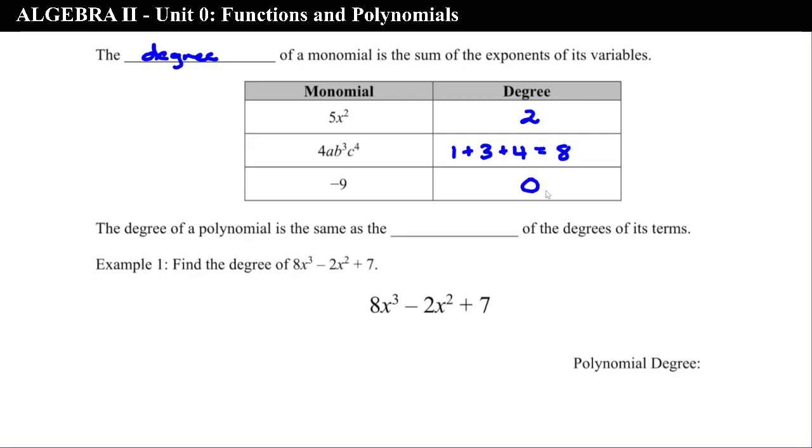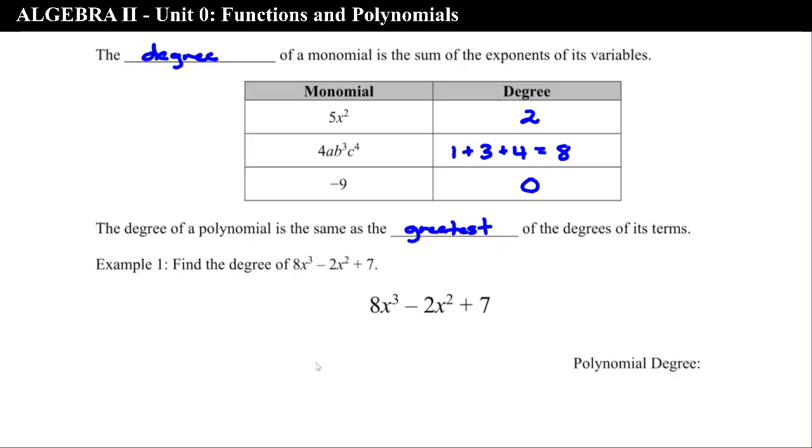Now, those are the degrees of monomials. If we wanted to find the degree of a polynomial, say one that's got more than one term, then the degree of the polynomial is simply the greatest of its terms. Okay, so here's an example that we can kind of look at to see how that works. Let's find the degree of 8x cubed minus 2x squared plus 7.